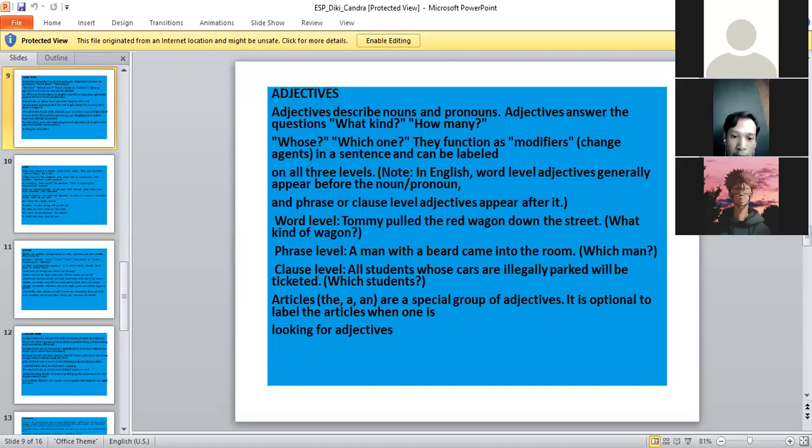Verbs show physical or mental action of the subject. They may also reflect a state of being. That is, the subject just is. The complete verb along with its complements and modifiers functions as the predicate in a sentence. Verbs answer the question what is happening, has happened, will happen.